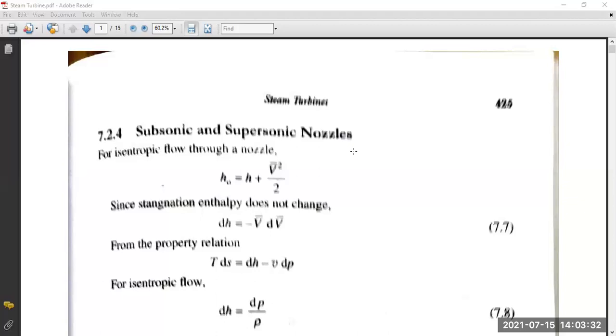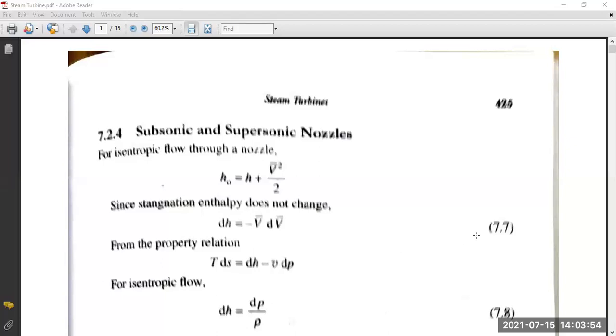Now, the stagnation enthalpy is not changing when the fluid flowing in a steady flow is brought to rest in an adiabatic process, and there is no work output during this stopping.